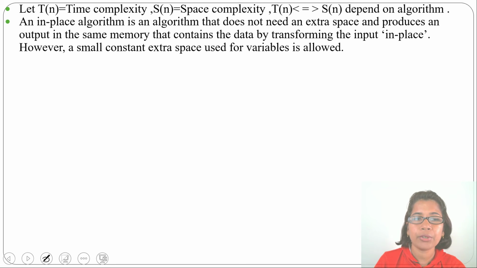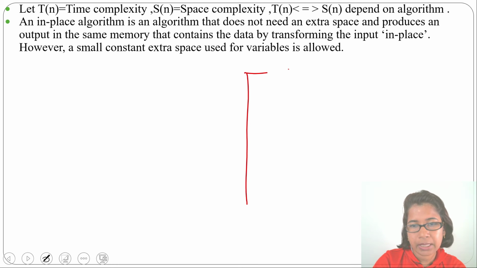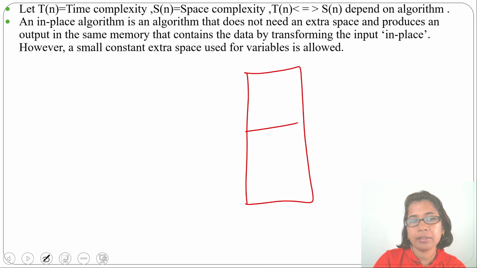An in place algorithm is an algorithm that doesn't need extra space and produces an output in the same memory that contains the data by transforming the input in place. However, a small constant extra space may be used for variables. Suppose this is the memory and the input is an array A. Now this is the input.